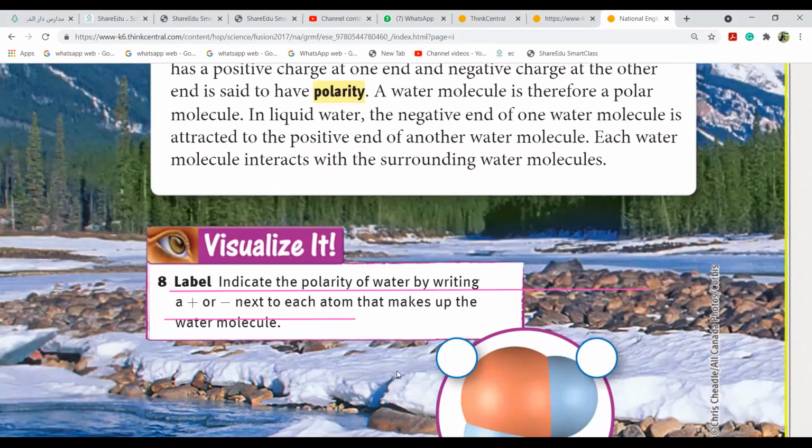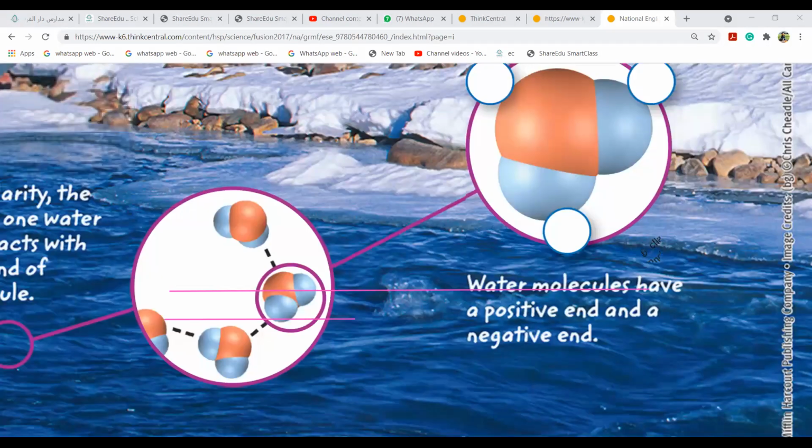You can see here, girls, a water molecule has a positive end and a negative end. This is hydrogen, this is hydrogen, and this is oxygen. As I told you, there are two hydrogen.